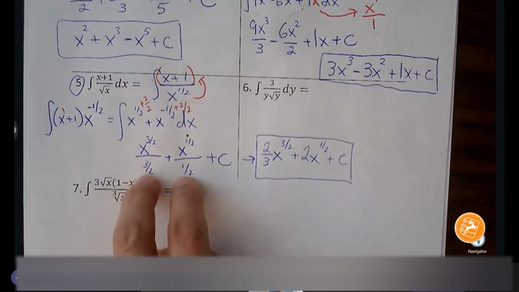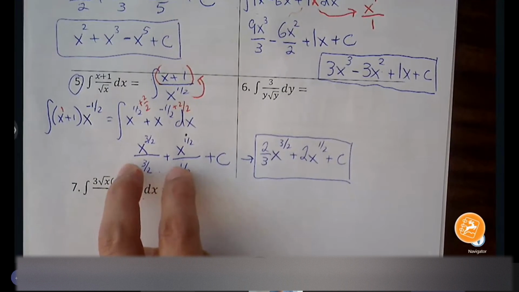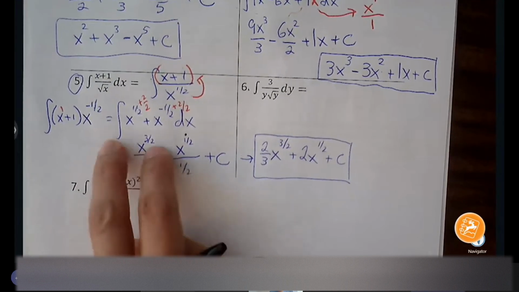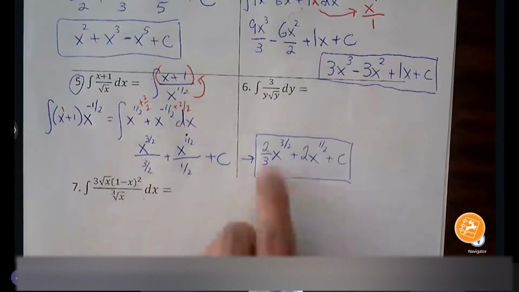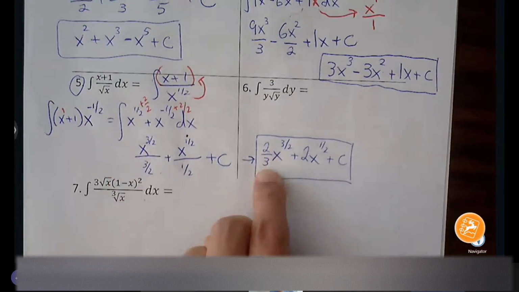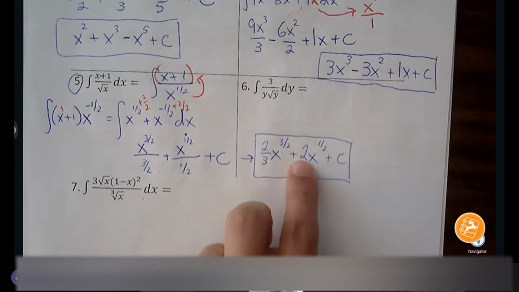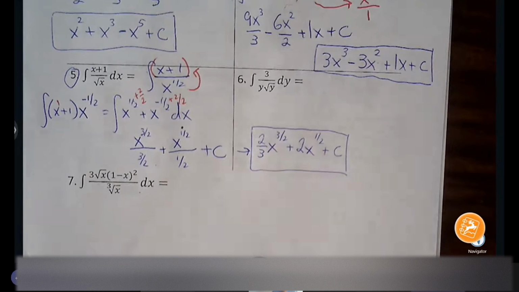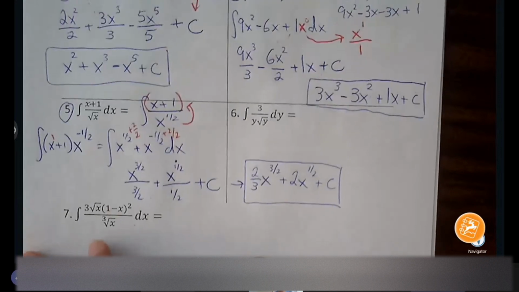And then our final cleanup is to flip these fractions up to the numerator and take the reciprocal. So I have 2/3 as my first coefficient and then 2 as my second coefficient. And then don't forget plus c. Okay, any questions so far with power rule?